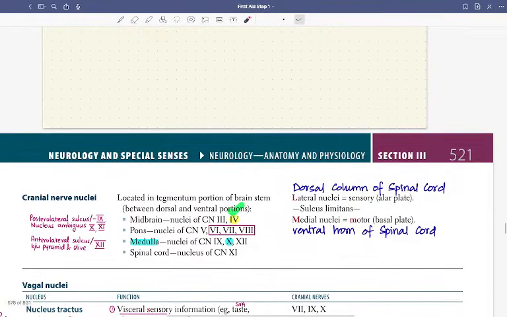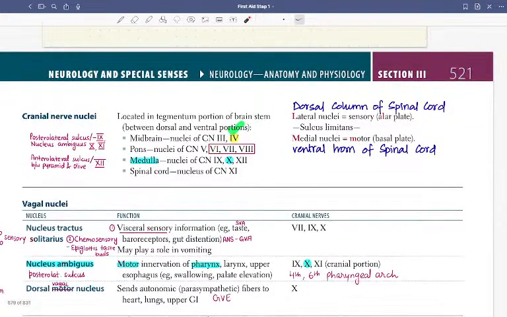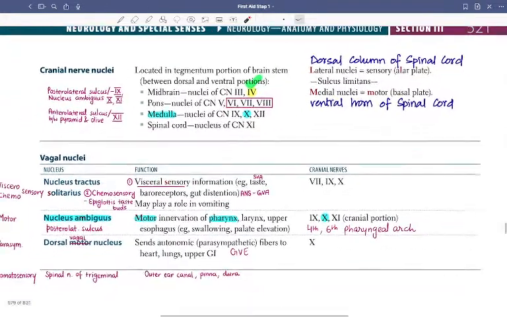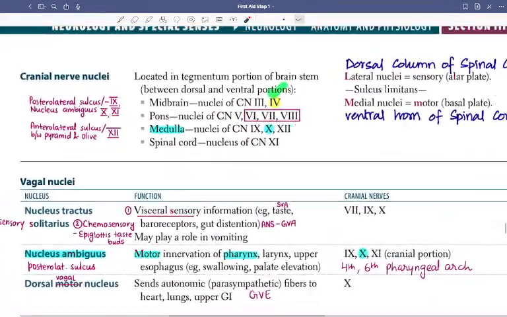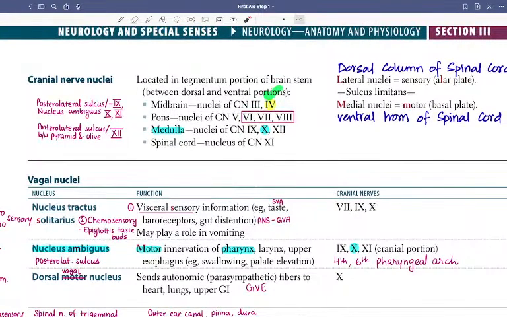Next we can have the nuclei. The nuclei here is simply which cranial nerve nuclei is present where. First, just try imagining that whole brainstem nuclei structure that we saw.